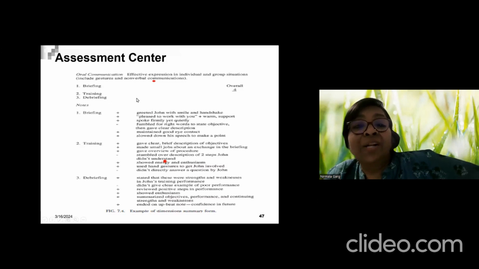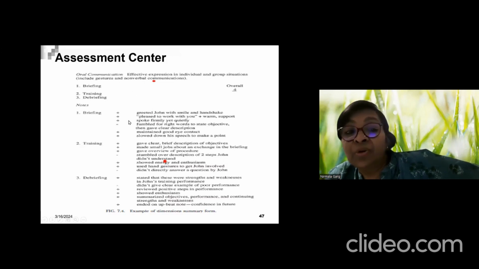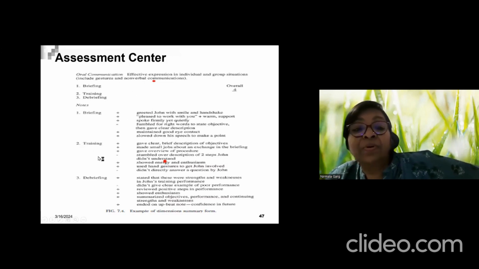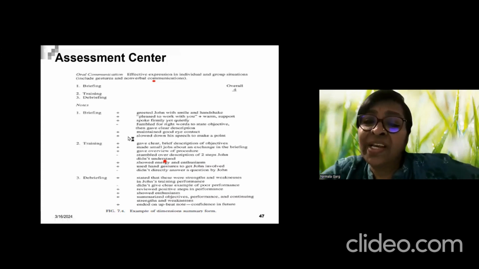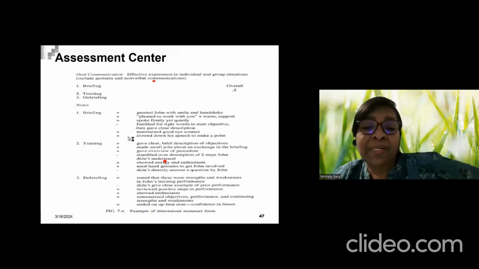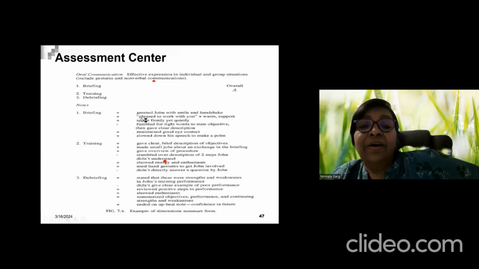Then if your assessor is observing for oral communication, how is that person doing a briefing? How is that person doing the debriefing? And you are actually observing all his behaviors. So say, for example, we'll just take a couple of them. We'll take some pluses and some minuses.